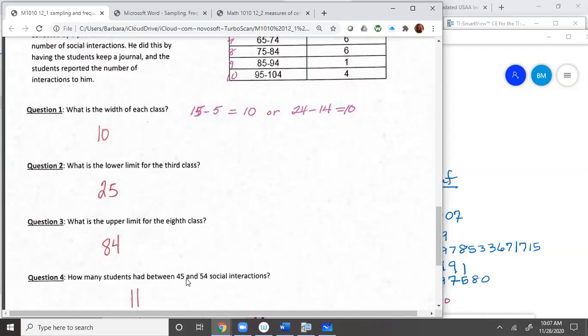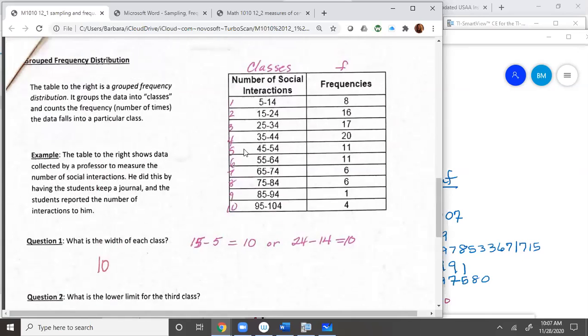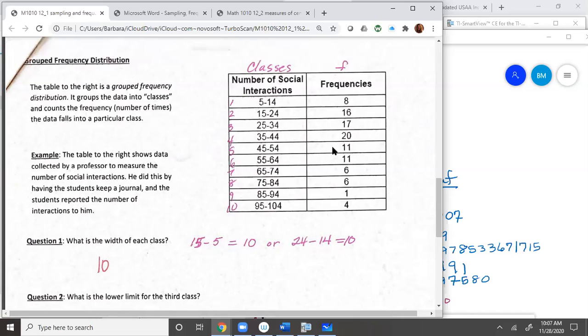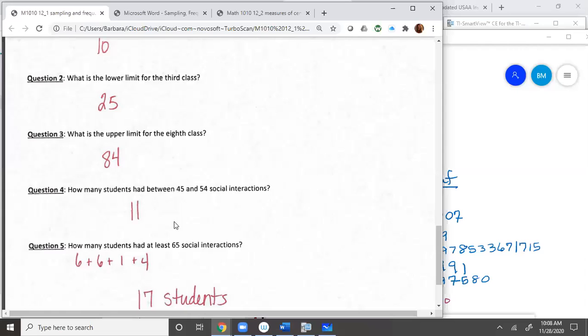How many students have between 45 and 54 social interactions? So I look in this column, and 45 to 54 social interactions has 11 frequencies. So 11 students had that many social interactions.